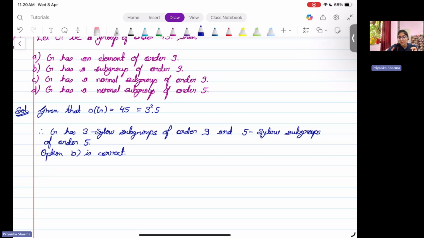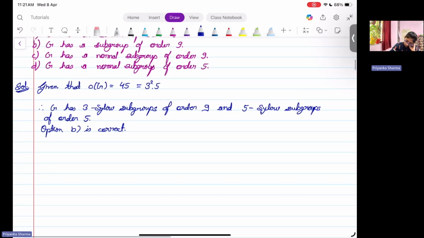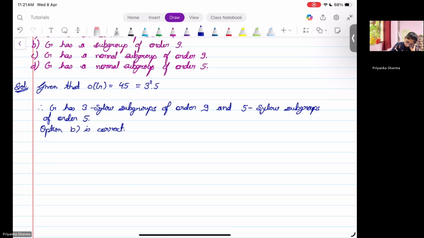Now, whether this subgroup of order 9 is normal in G or not, and what about this 5 Sylow subgroup, which is of order 5 in G, is normal or not? So we need to check the number of 3 and 5 Sylow subgroups. We'll use the same notation.